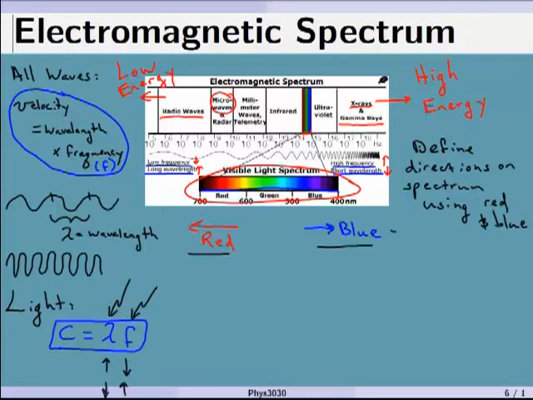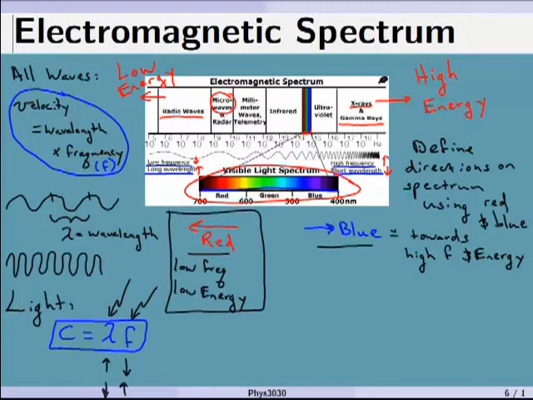So I would say that blue equals towards high frequency and energy, and red is towards low frequency and low energy. Whichever direction it's going. So that's the way to keep things in mind.